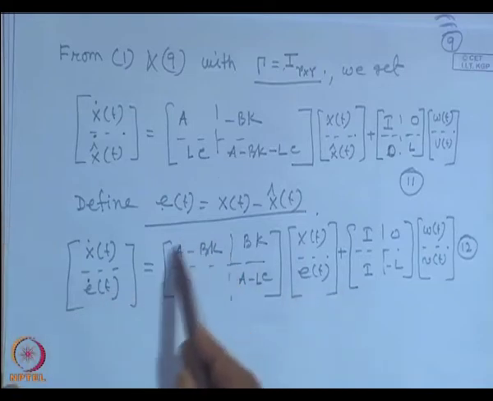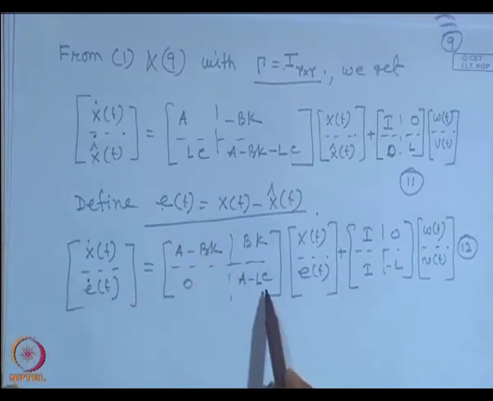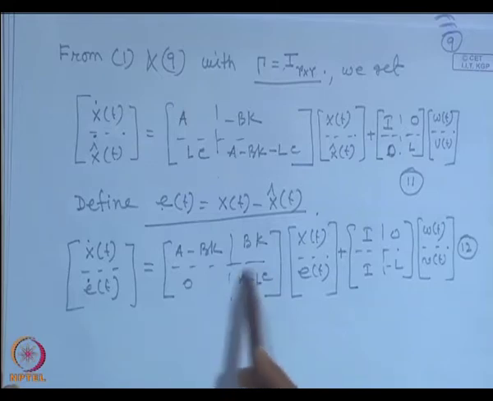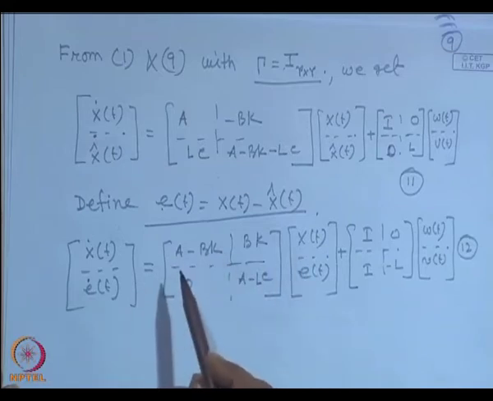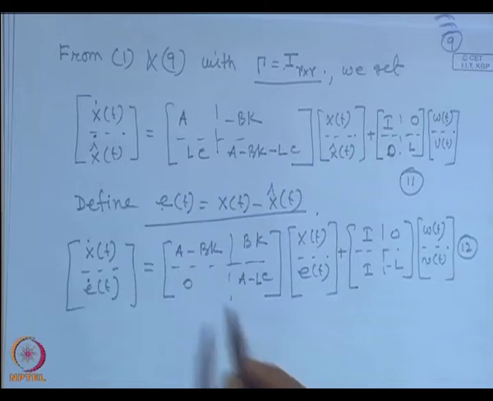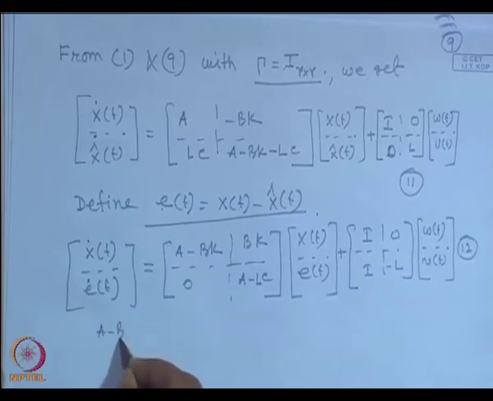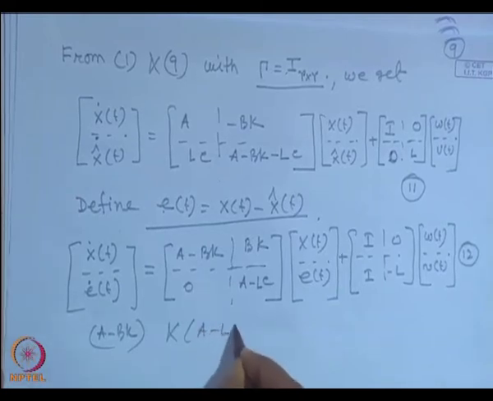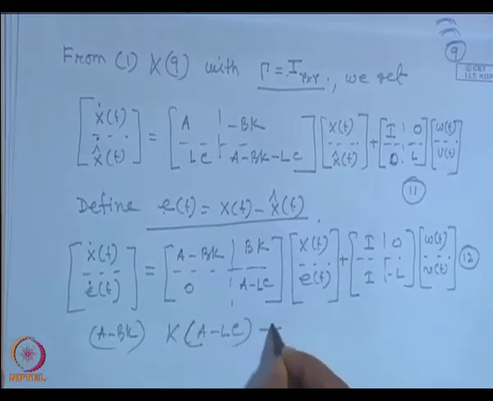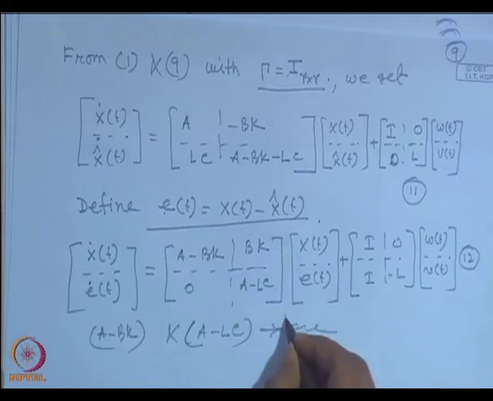When we are designing this one, we do not need any information of the Kalman filter gain, and when we are designing that one, we do not need any information of the controller design. Both the matrices, A minus B k and A minus L c, are stable.